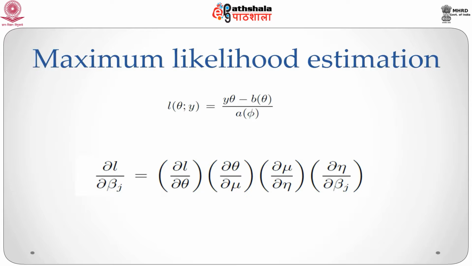If we ignore phi for the time being, it turns out that phi is not really important for maximum likelihood estimation because it drops out of the score equations, and in any case we know that for two of the most important discrete families which we consider, there is no additional scale parameter phi.